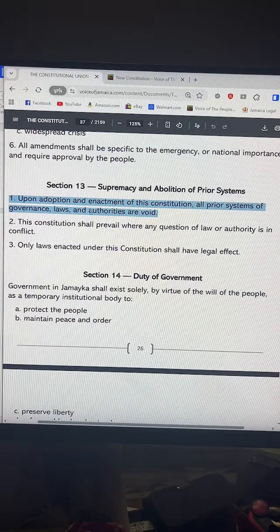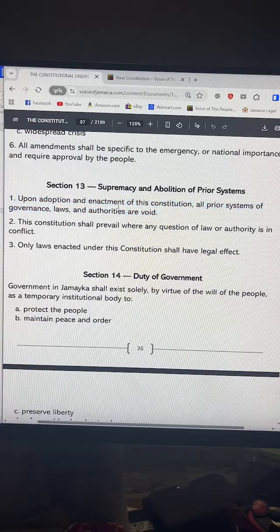So, once this constitution becomes enacted, all of the colonial laws that we are currently used to become null and void immediately. This constitution shall prevail where any question of law or authority is in conflict.